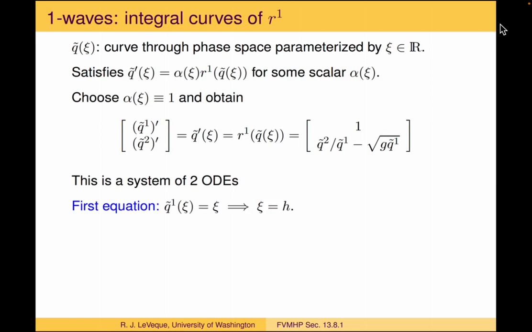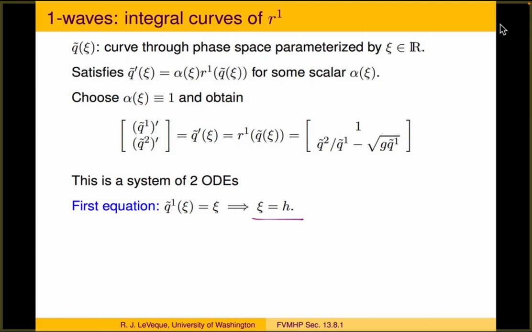The first equation here just says that q1 prime is equal to 1. So q1 we can just take as xi, but the first component of q is just the depth. And so this suggests that with this particular scaling, we're essentially taking a parameterization in which xi is the depth h, as I indicated back at the beginning would be a possible parameterization of these curves.